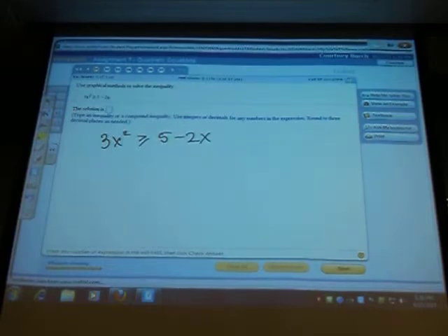What do I do first? Get everything on one side. So minus 3x. Well, actually, we just minus 5x. It really doesn't matter. Do you guys want to move the 3x over? I would prefer to keep the x squared where it is, even though that's more work. So I'd have to subtract 5 and plus 2x.